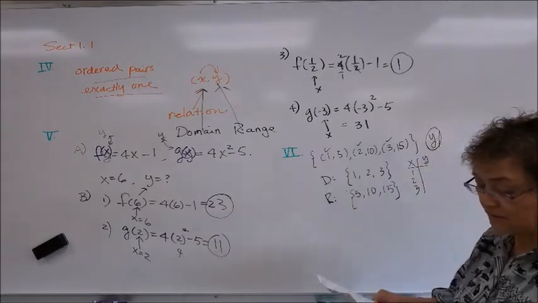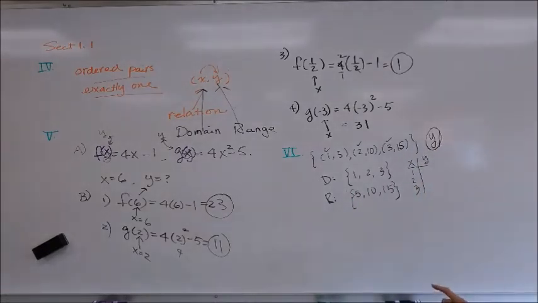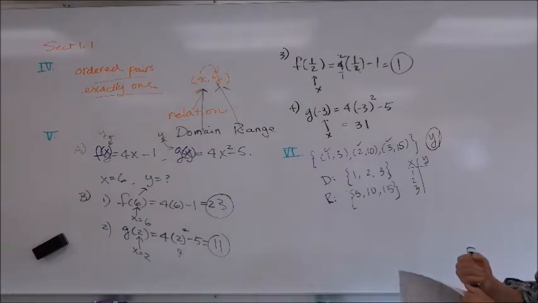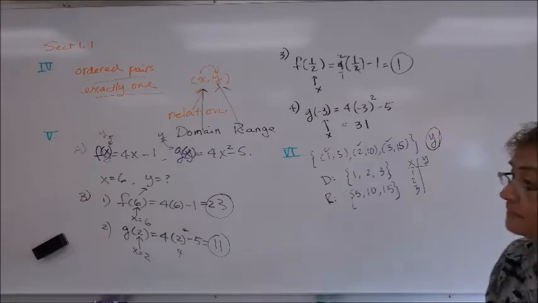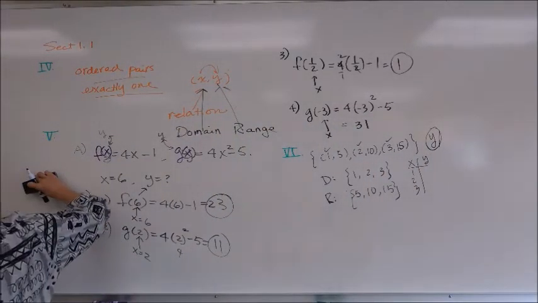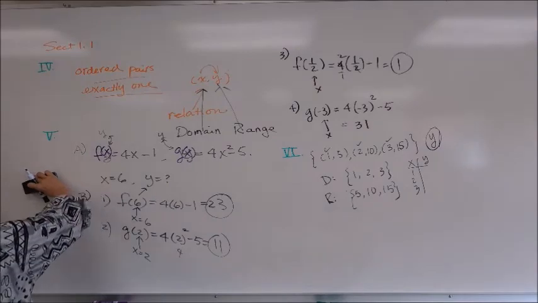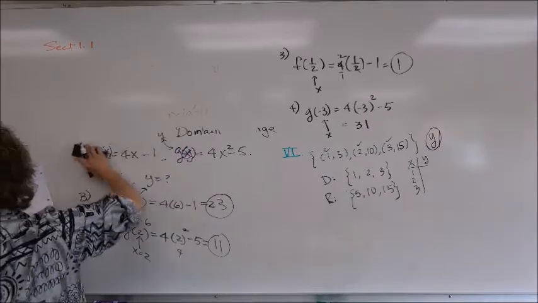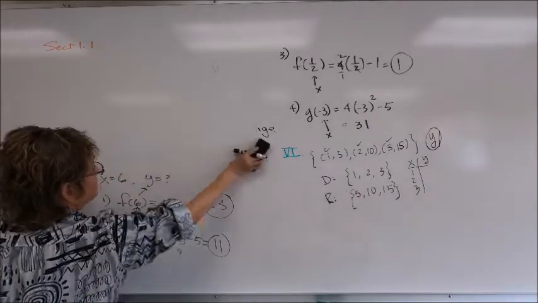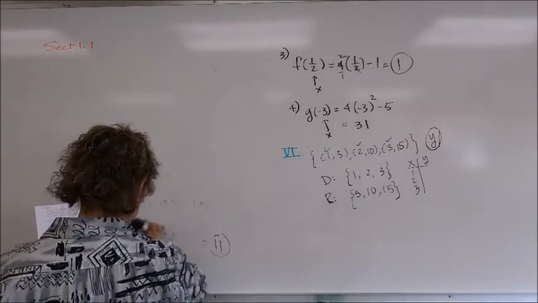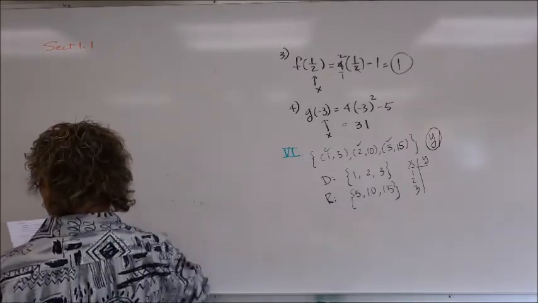We have several ways to show a function. If we use ordered pairs, that's how we will do it. Let's take a look. You can also show the function with equations. We haven't shown you yet, right?